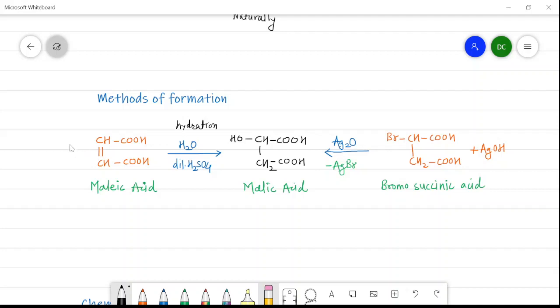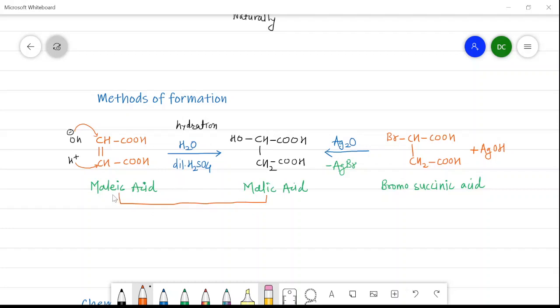Here the water splits into H plus and OH minus. Then the addition of water is like this. Hydrogen attaches here, OH attaches here, and the carbon-carbon double bond breaks. It is the hydration reaction, and from fumaric acid we get malic acid by hydration.